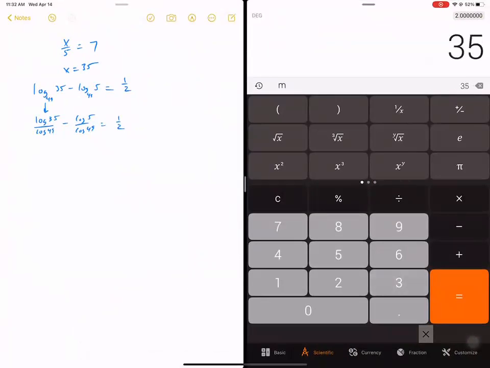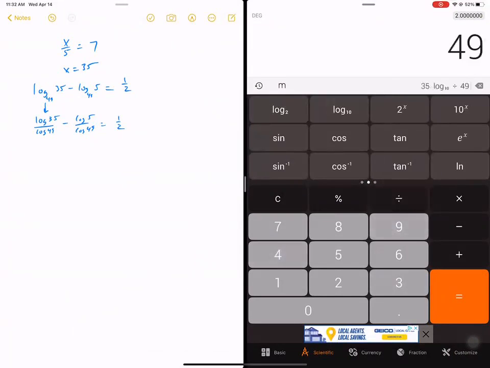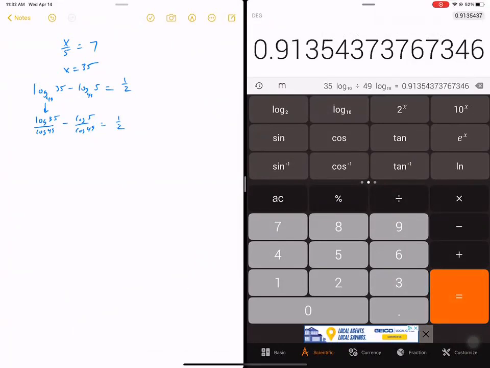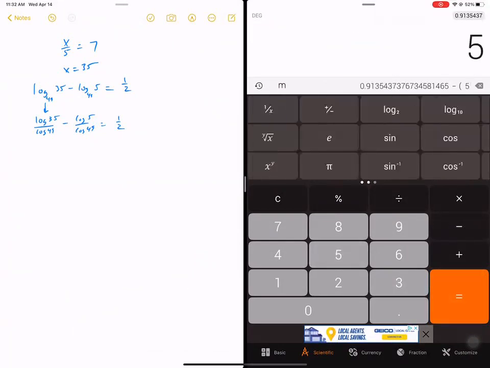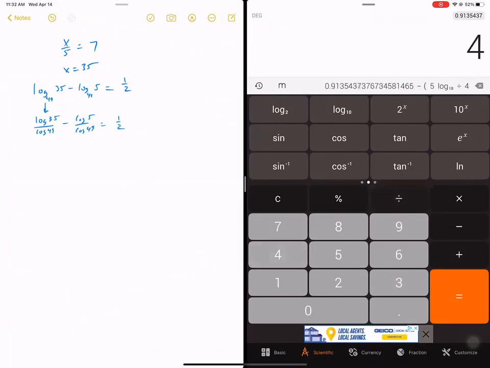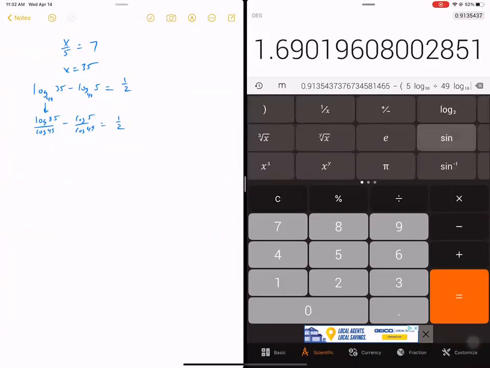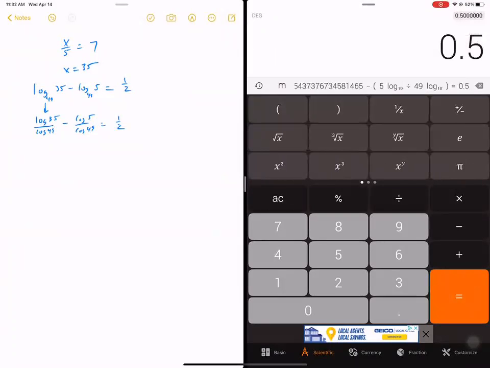So 35 log divided by 49 log equals some crazy number, minus, I'm going to do a parentheses here just in case, 5 log divided by 49 log. I'm going to close up my parentheses, hit equals, and we do end up with that 1/2 that we wanted, that 0.5.